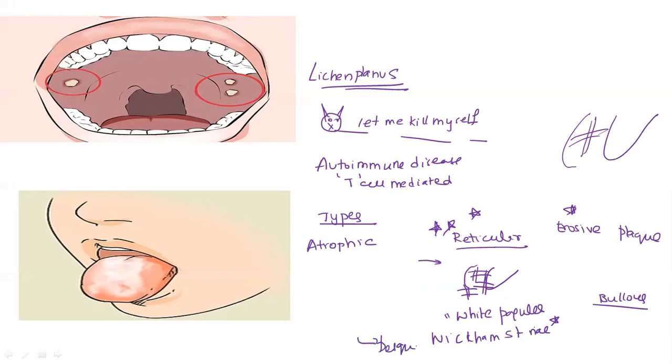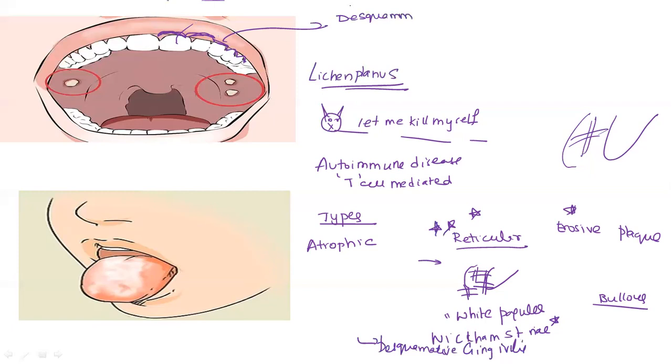Now we can also see desquamative gingivitis. Okay. What happens over here is, let me show you on the diagram. The gingiva will be inflamed and will be red inside. All right. But let me tell you something. This desquamative gingivitis, I'll just write here.